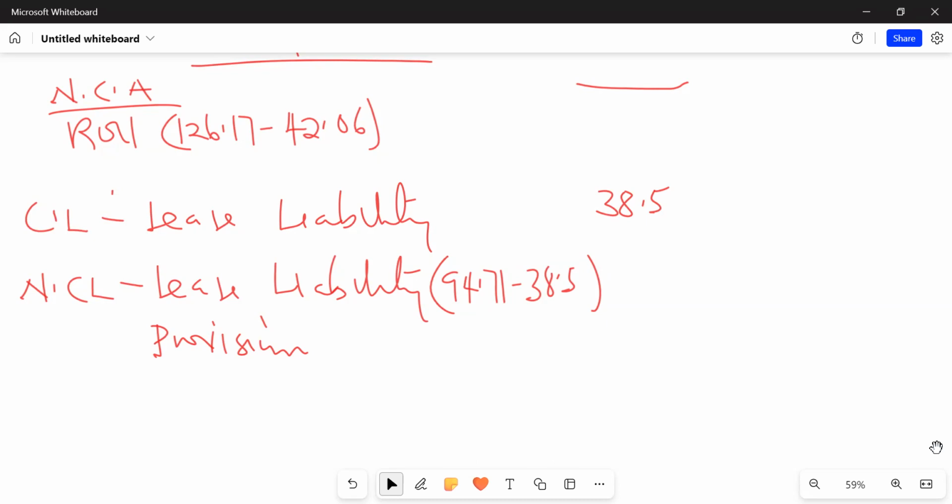If it should be at the beginning of the year, that is why the value would not be the same, because we are going to pay this amount in a year's time. But the 38.5 will be paid the next day out of the 94.71 that you are owing. So it will still be 38.5, which is the present value.